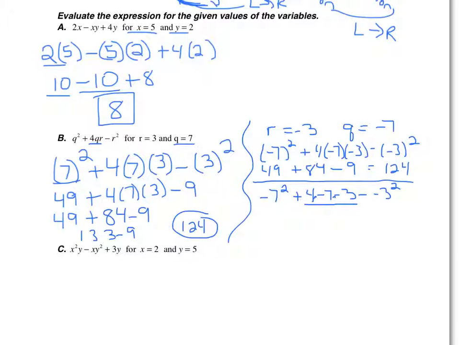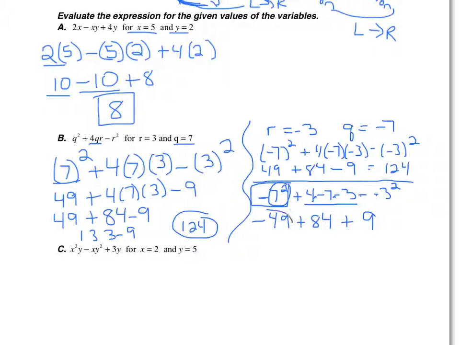The other piece that I'd watch out for is negative 7 squared. The exponent is on the 7 because only the 7 is raised to the second, and then the negative in front means the opposite. So it's the opposite of 7 squared, which is 49, and then hopefully we multiply these correctly in the middle, and hopefully not add or subtract instead. And then we have minus and negative becomes a positive, and 3 squared is 9.